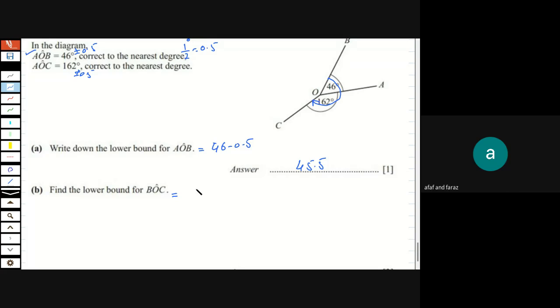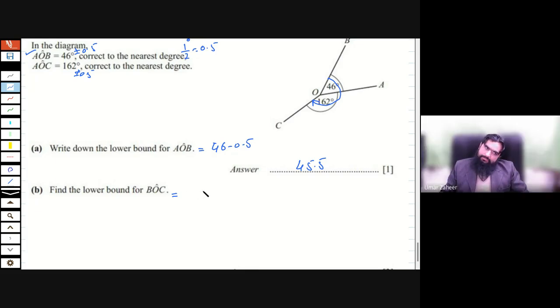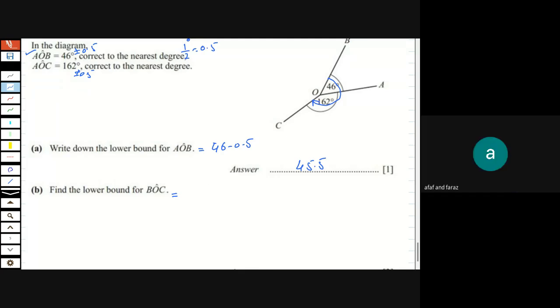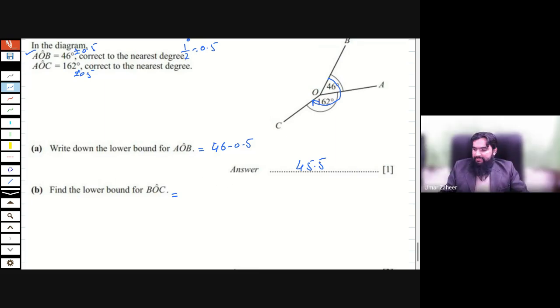Just 1 minute, just tell me the steps. You don't have to find exactly. I'm just asking you how you can find the angle BOC.